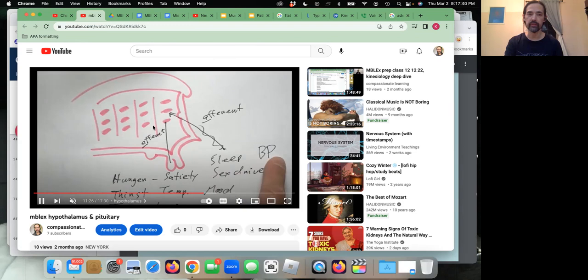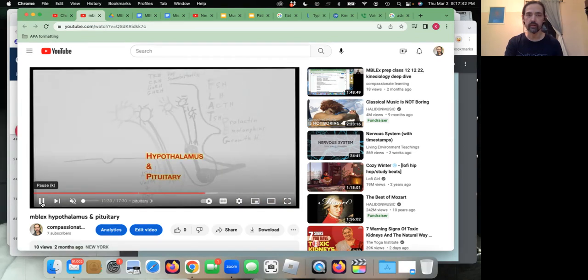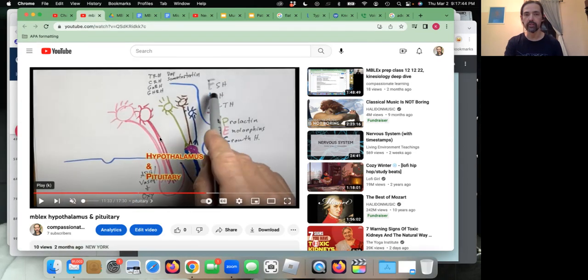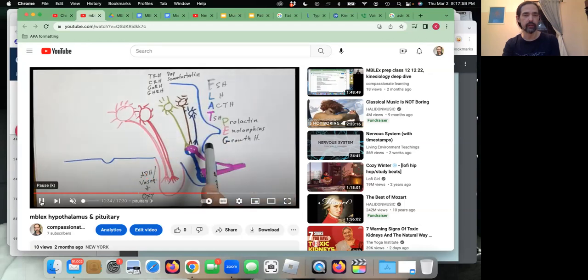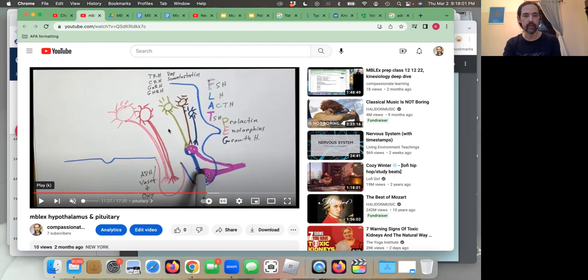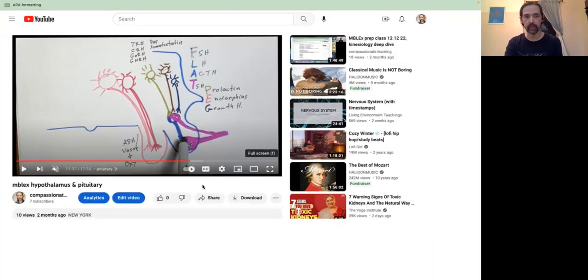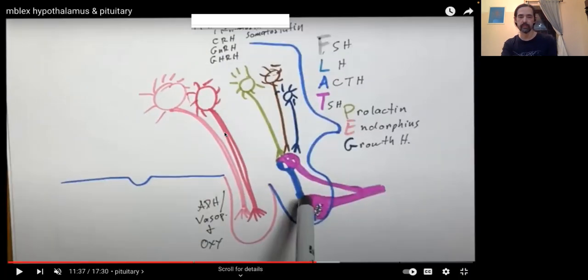Okay, some of the nerve bodies. So what we're looking at here are nerve bodies, right, which make up nuclei, right? So we're looking at nuclei or nerve bodies in the hypothalamus that extend down into the pituitary gland. There are two interfaces between the hypothalamus and pituitary.